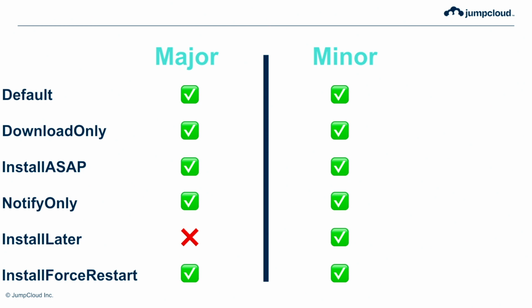And then there's install later. Install later was released with macOS 11 and essentially says, hey, download this update, prepare it, and then tonight, when they're not doing much on the system, hopefully, try and install that update, please. Install later is actually a good experience for your end user.